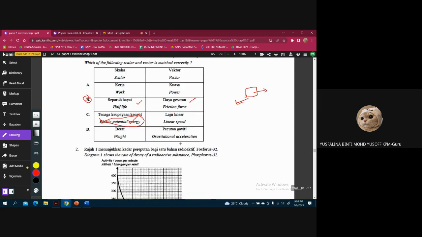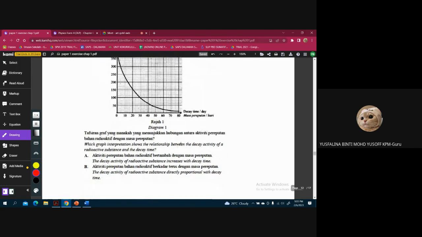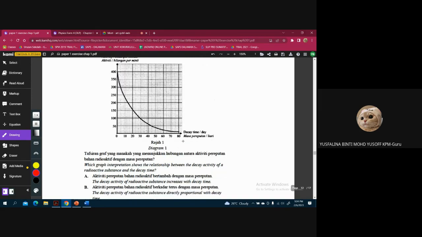All right, number 2. This is actually the decay activity of radio substance. It says the decay activity of radio substance increases with decay time.